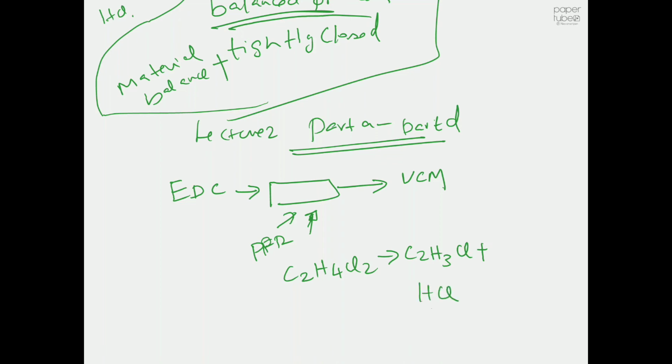So we will also recycle this HCl back to the plug flow reactor. So we will add a plug flow pyrolysis chamber in order to produce vinyl chloride monomer, and then we will try to purify this vinyl chloride monomer using a distillation column.